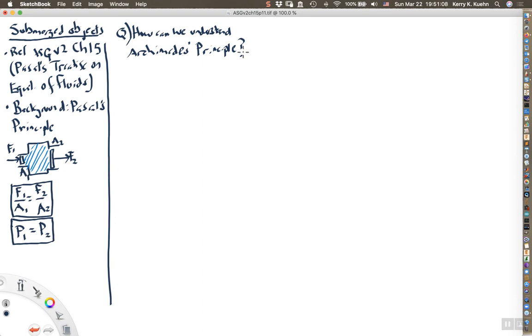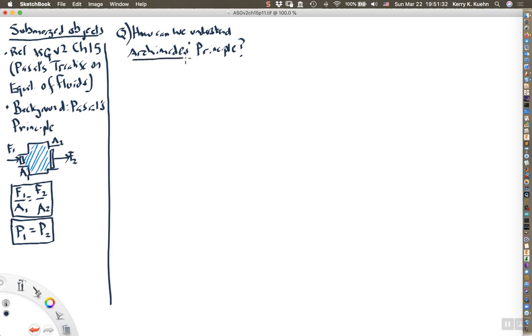One was because the fluid exerts a drag force on it as it's falling. That's a fairly complicated phenomenon. The other reason is because the fluid exerts a buoyant force on the submerged object. And how big this buoyant force was depends on the kind of fluid and the size of the object.